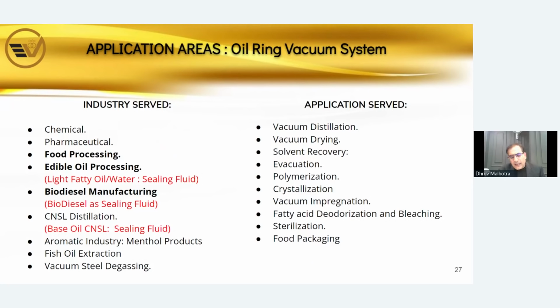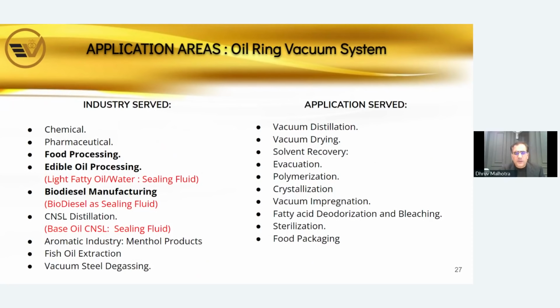Here I would like to add, like I told you, we do not see any reason to restrict the use of these systems only to used oil. Oil ring vacuum systems are very popular. We can just change the sealing fluid and we can use it for all these industries. In fact, we are already using it in a couple of other industries. These systems can also be very popular in edible oil.